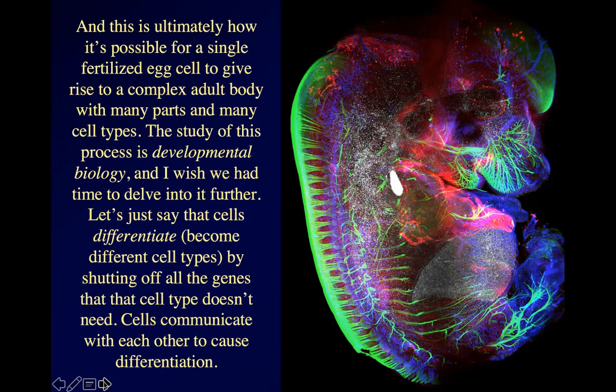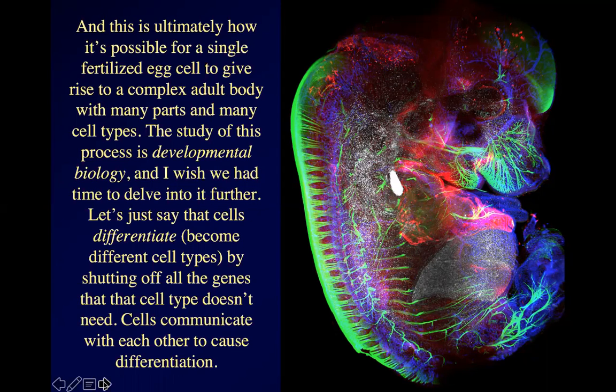Your liver cells and your skin cells and your muscle cells and all of the others ultimately come from that fertilized egg. And what happens as that fertilized egg cell divides and divides and divides again is that cell types develop by shutting down the genes that they're not going to use.